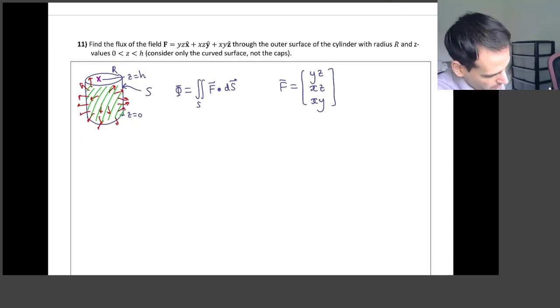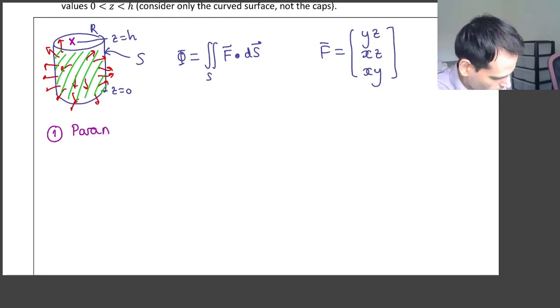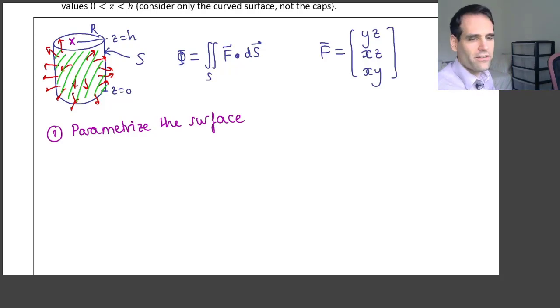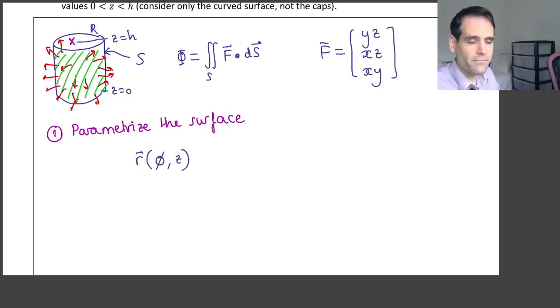So step number 1, we parameterize the surface. We have parameterized the surface of a cylinder many times now, so I'm going to directly write it. We'll have two parameters that allow us to move throughout the surface: the azimuthal angle phi and the z parameter.